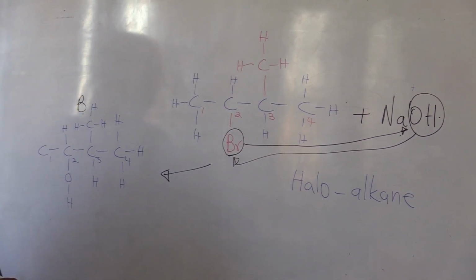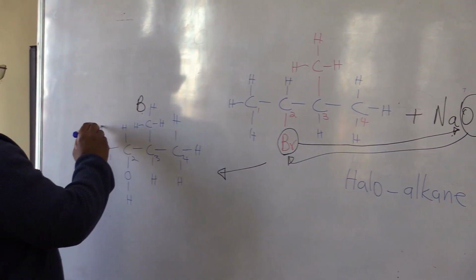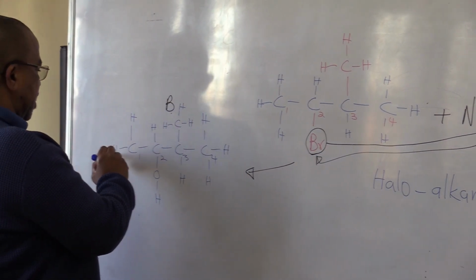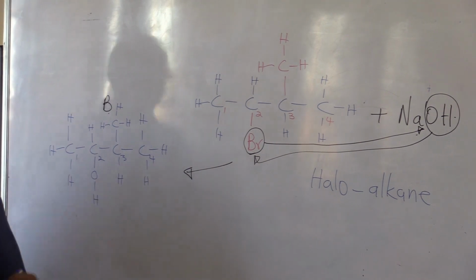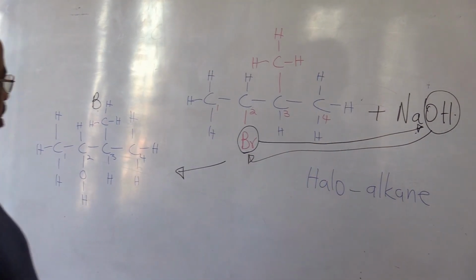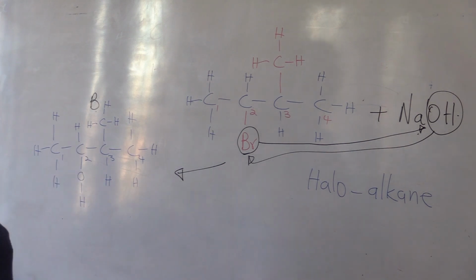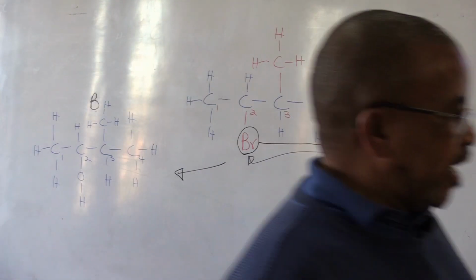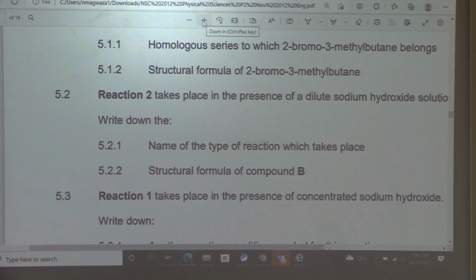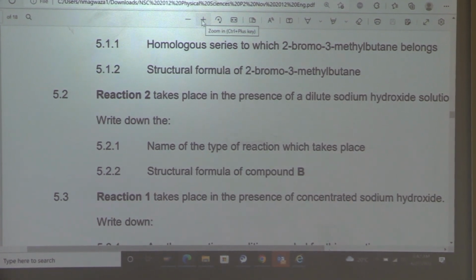So we now have an alcohol. Then we have H. So that is the structural formula of compound B. Now we have answered 5.2.